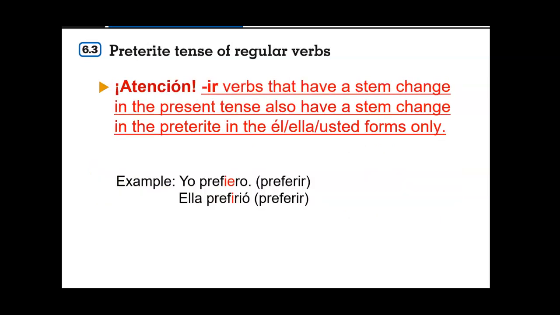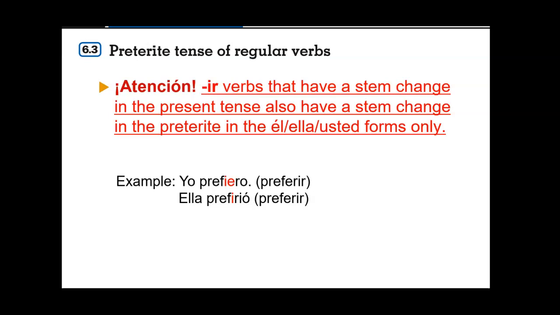For IR verbs, the ones that have a stem change in the present tense also have a stem change in the preterite, in the él, ella, usted forms only. It's not going to stem change on the rest of them.